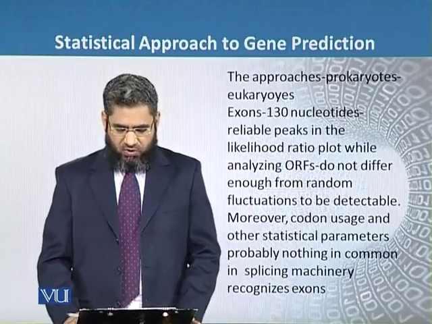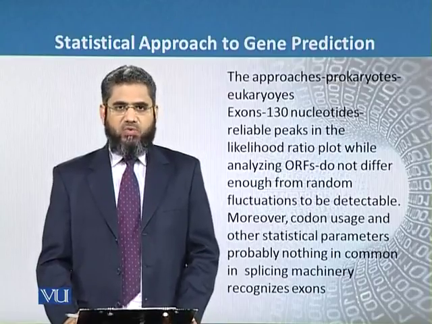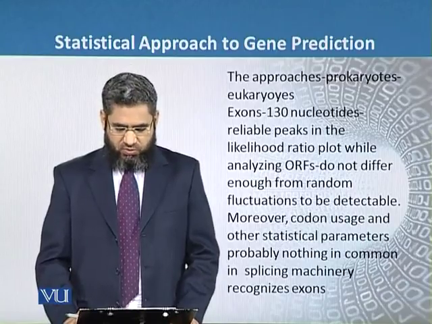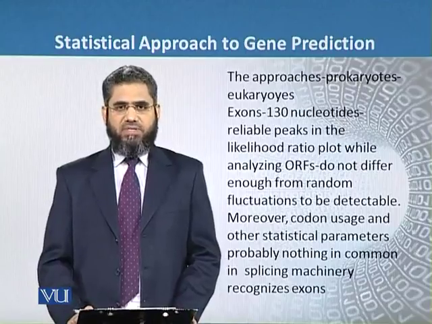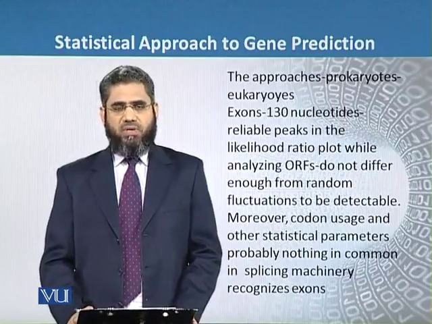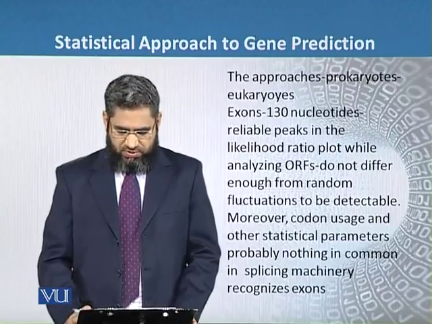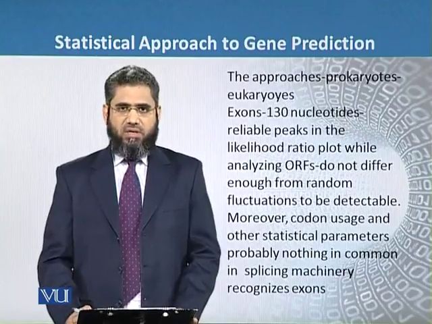They do not differ enough from the random fluctuation to be detectable. And moreover, codon usage and other statistical parameters have nothing in common with what is actually going on in the transcription machinery that splices the introns.